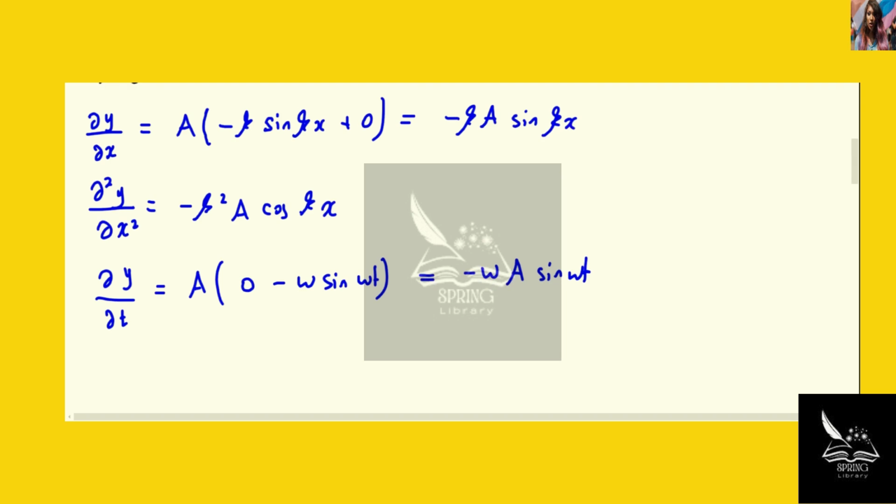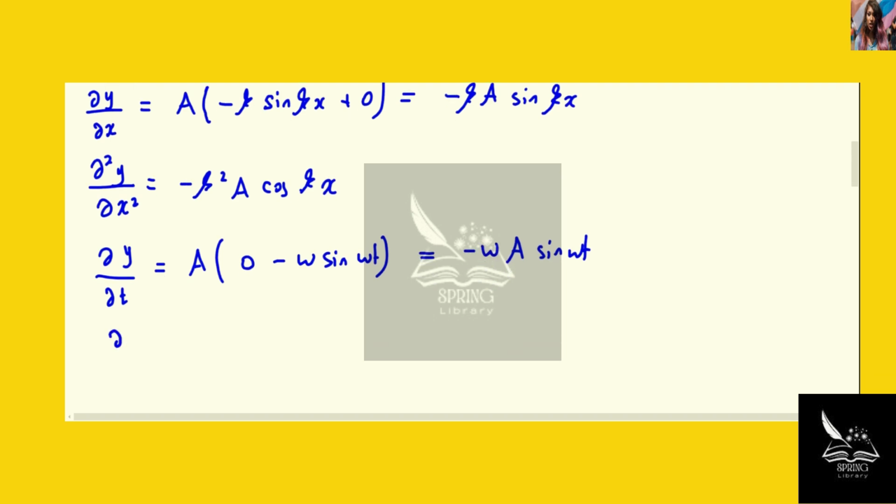Now we can find the second time derivative. So the second time derivative is minus omega squared a cosine omega t.